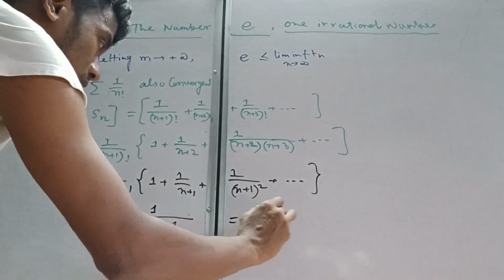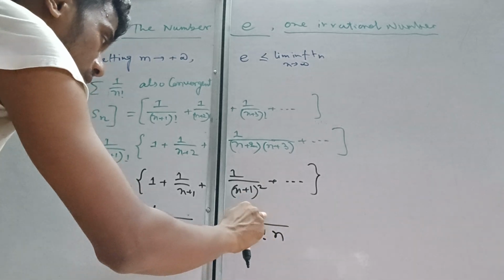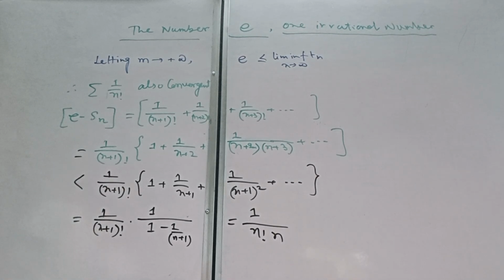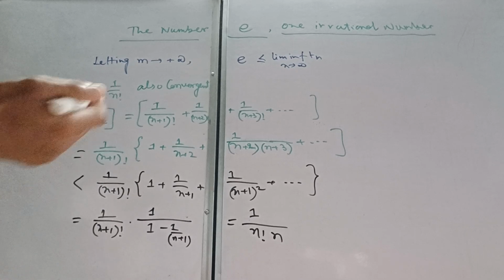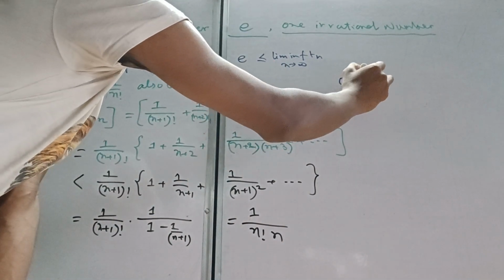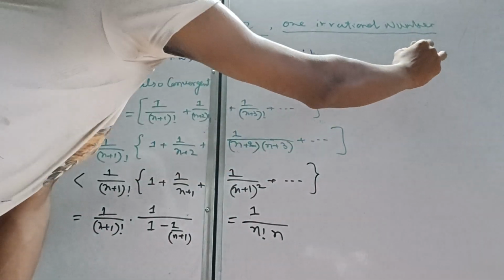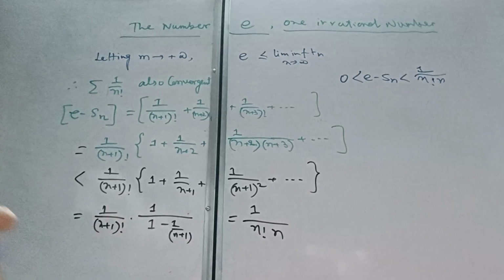Then this is equal to 1 by factorial n. So we write here 0 less than e minus Sn less than 1 by factorial n.